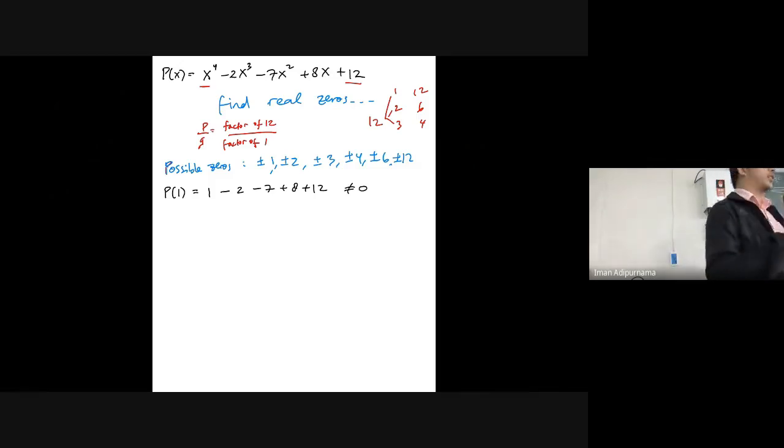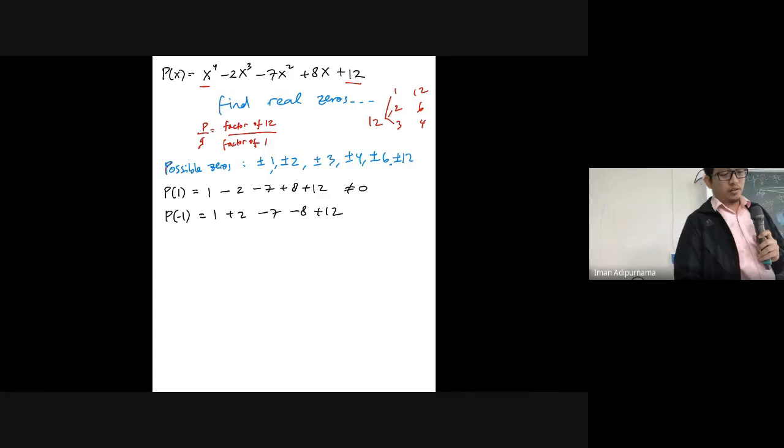I do not really care what it is, but it's not 0. And then plug in -1. It becomes positive, negative, negative plus 2, positive, negative, -5, 4, -12 plus 12 is 0, right? So this is our zeros.